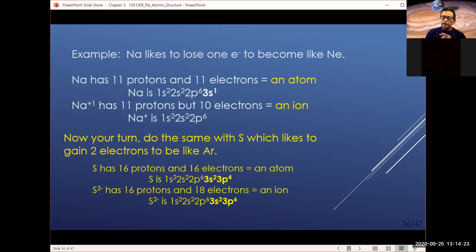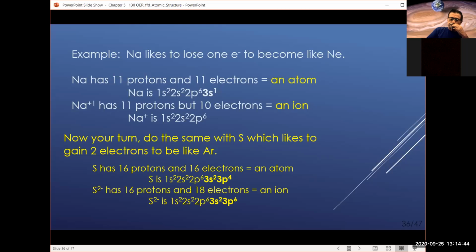We cannot predict like we can with the 1A and the 2A because they can have variable oxidation numbers or charges. For example, copper can have a +1 or a +2, depends on the reaction conditions. But more said on that later down the road.